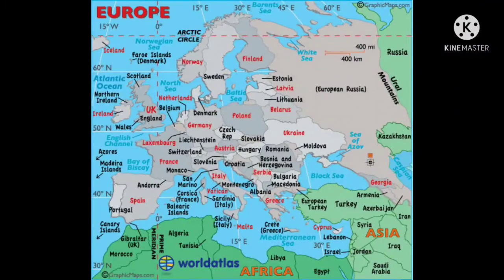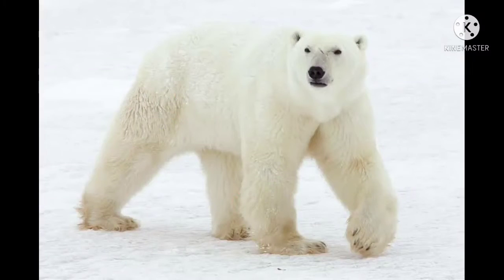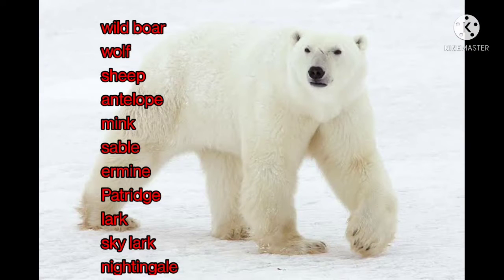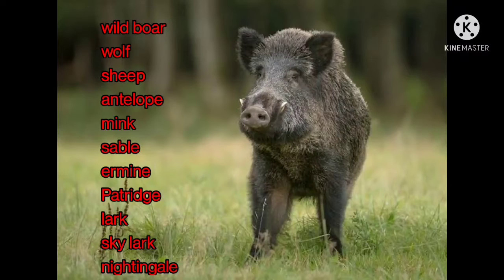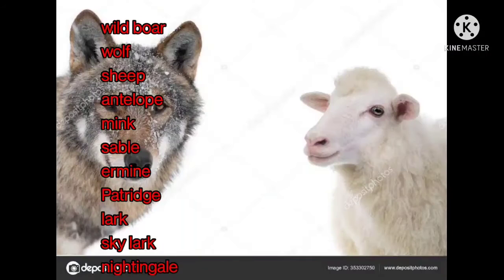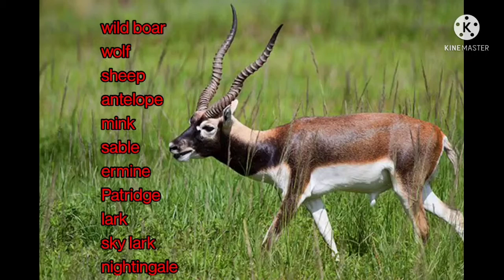Fourth, Europe. Since most of the forests have already been cleared in Europe, limited wildlife is found there. The main animal species found in this continent are polar bears, wild boars, wolves, sheep, and native antelopes.